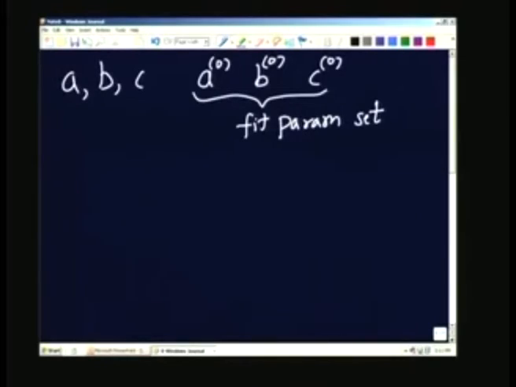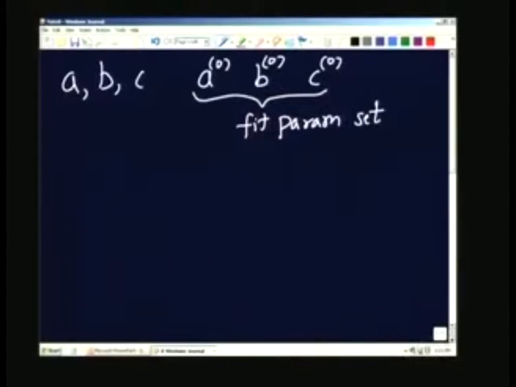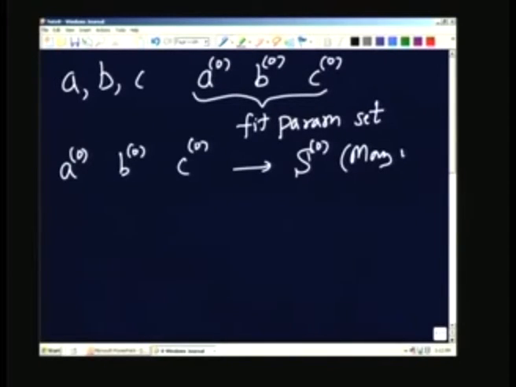That means I am looking at 3 values A, B and C at the same time, and what is its effect on the value of S. So if I have A naught, B naught, C naught as the 3 values, then it will give you some S superscript 0. This may or may not be the minimum.